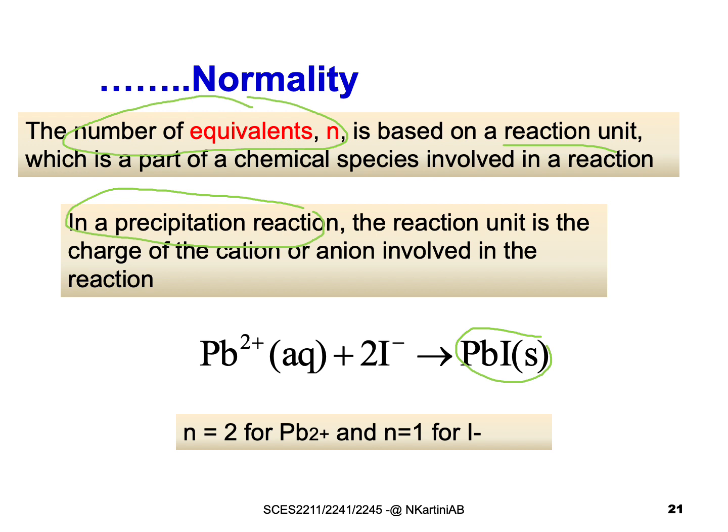In this reaction, the reaction unit is the charge of the cation or anion involved. So the charge for lead is 2+, whereas the charge of iodide is -1. So the number of equivalents for lead is equal to 2, whereas the number of equivalents for the iodide species is equal to 1.